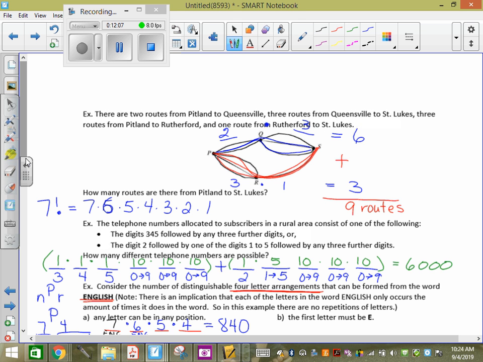Typing 7 times 6 times 5 times 4 times 3 times 2 times 1 isn't that hard, right? But if I have 20 factorial, 20 times 19 times 18 times 17, that takes a longer time, right? So instead, I could just type 7 factorial.